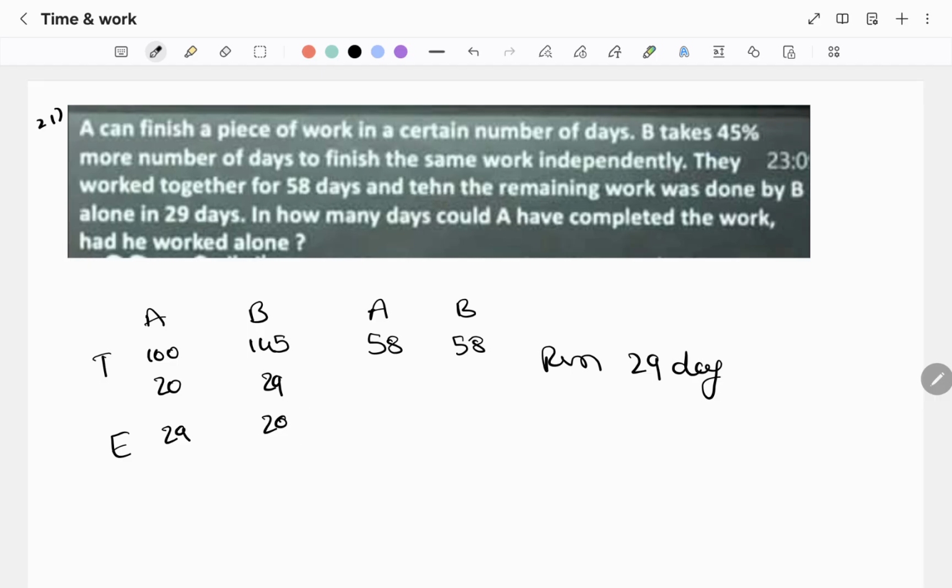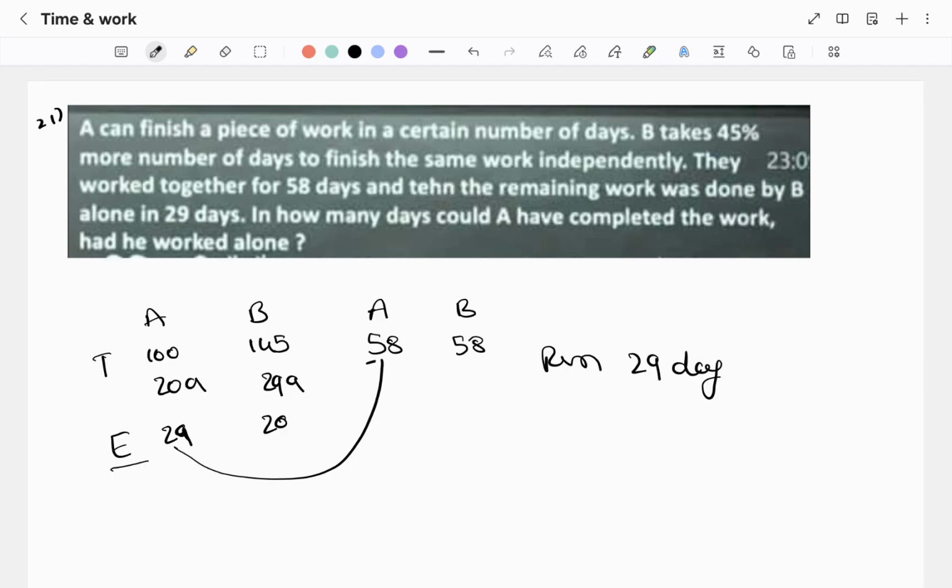Check it carefully. B has taken 45% more time. If you see, A's time is 29 and A has completed work for 58 days, which is exactly double. So in this time, B's efficiency is 20.